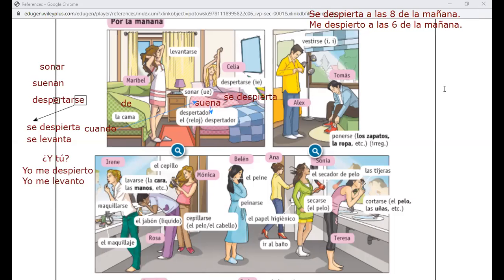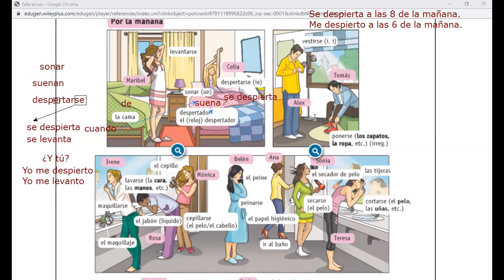Yeah. And the other one is when te levantas de la cama. You notice I made an emphasis, de la cama, so you understand the difference. The levantarse is when you get out of bed. Some people just get up, boom.